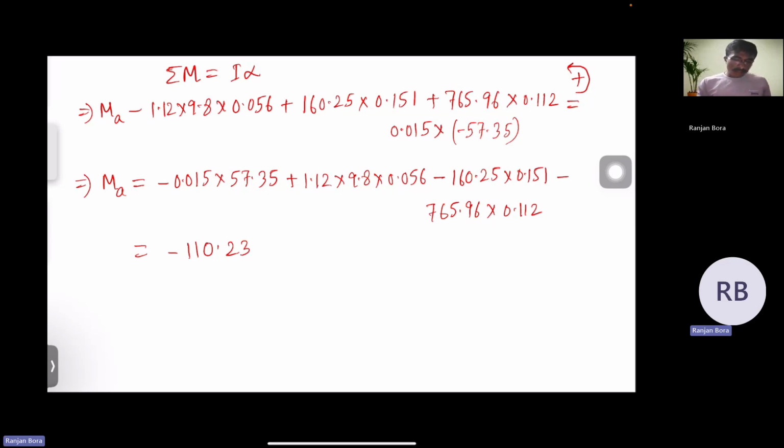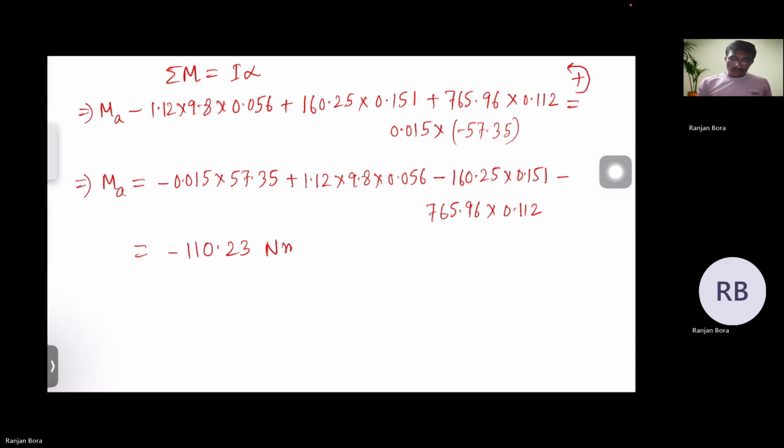Okay, the unit of this moment will be Newton meter. We have taken all the units in SI units. So this moment is also coming as negative.